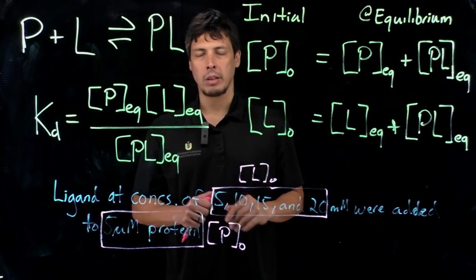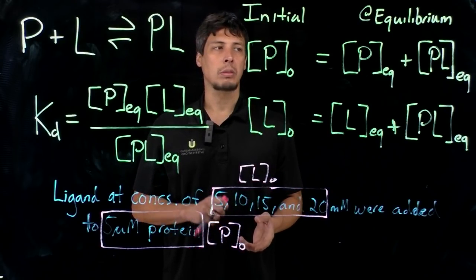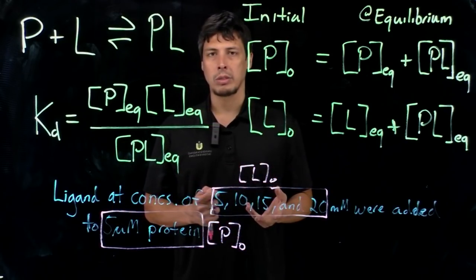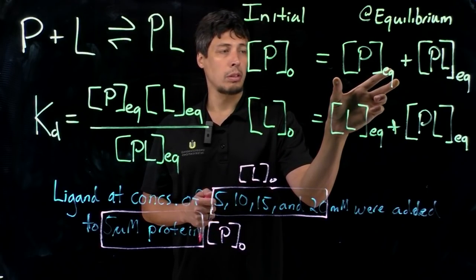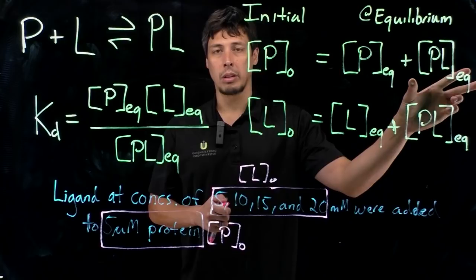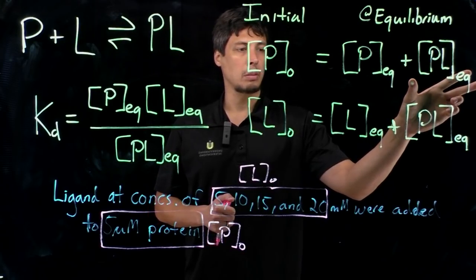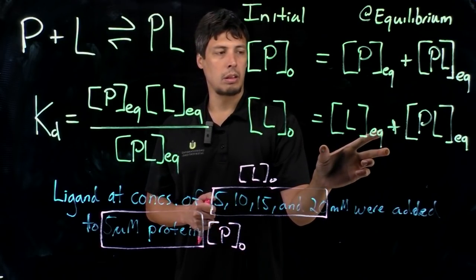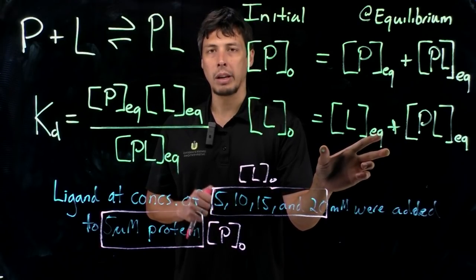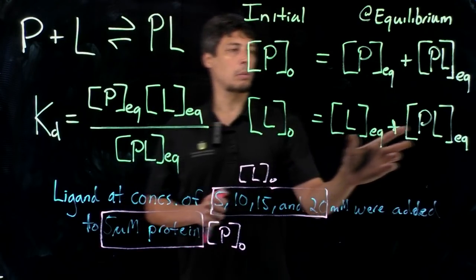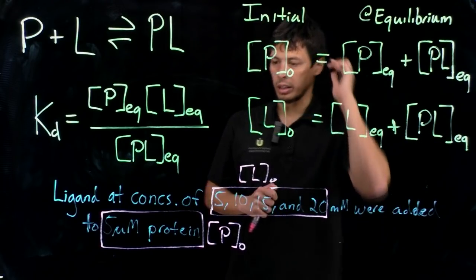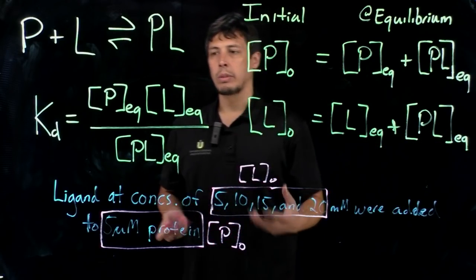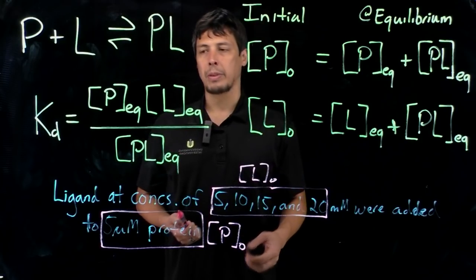What changes, and what we cannot know until we do the experiment, is the final concentration at equilibrium of the free protein versus the amount of protein in a protein ligand complex, and the amount of free ligand that remains after equilibrium is established, and again, the amount of ligand in the protein ligand complex. So these are things that we need to determine experimentally, okay?